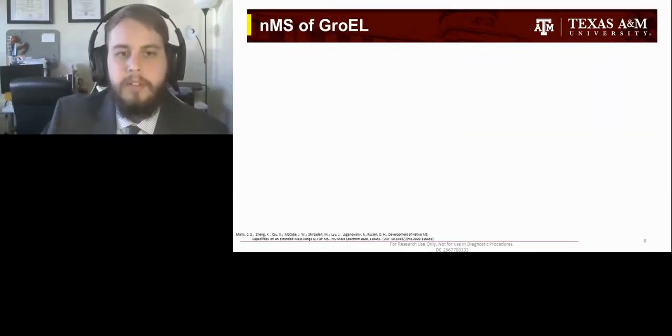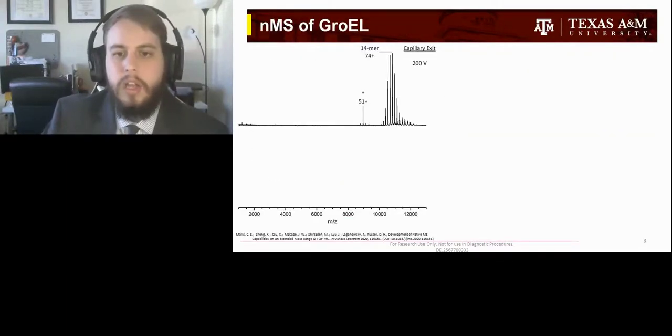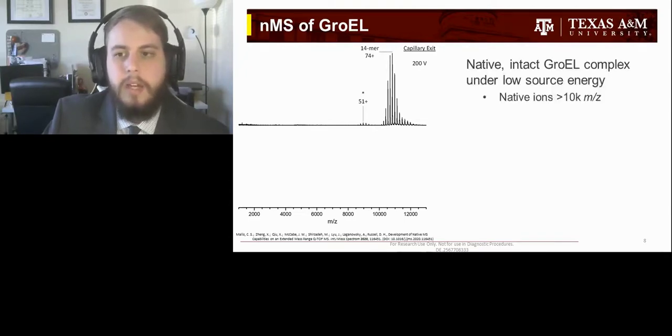So, some native mass spectra of GroEL under low source energies. So this is a capillary exit voltage of around 200 volts. We see very nice mass to charge distributions of the intact 14-mer, as well as some high molecular weight contaminant ions. Now these native ions are above 10,000 m/z.